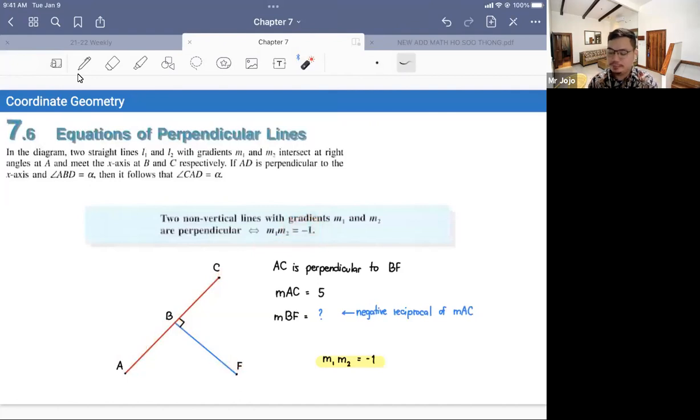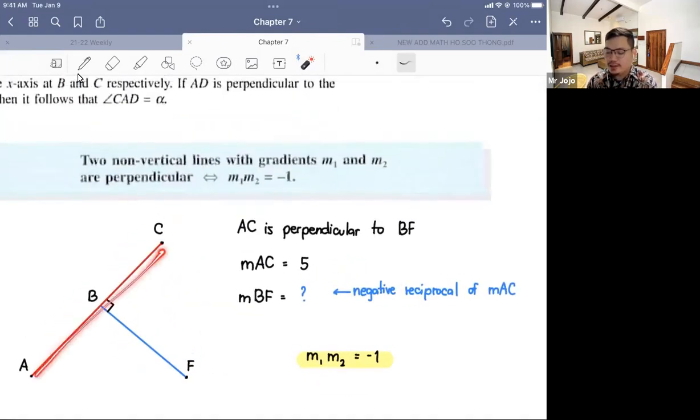For example, if AC is perpendicular to BF, and the gradient of line AC is 5, what do you think is the gradient of line BF? The product of their gradients should be equal to -1. So what number or fraction should we multiply by 5 to get -1?